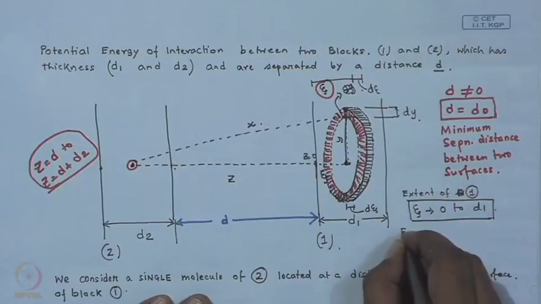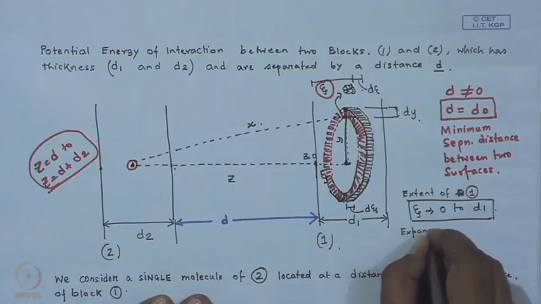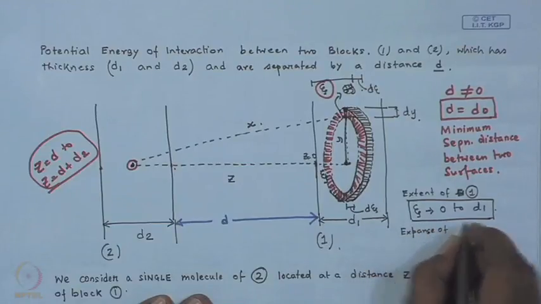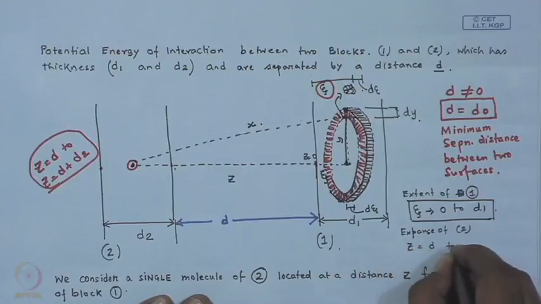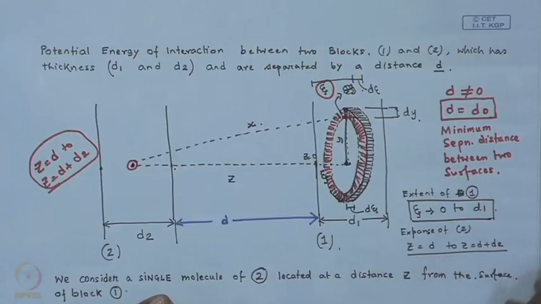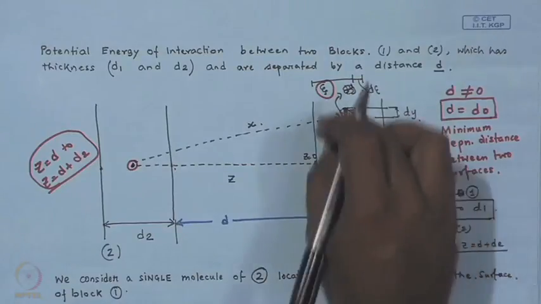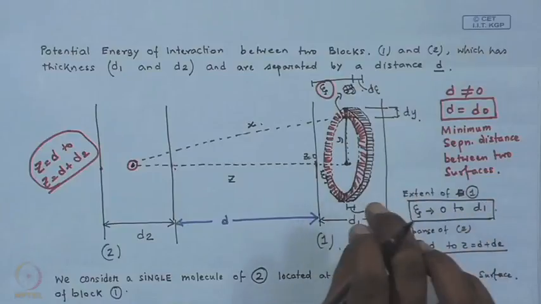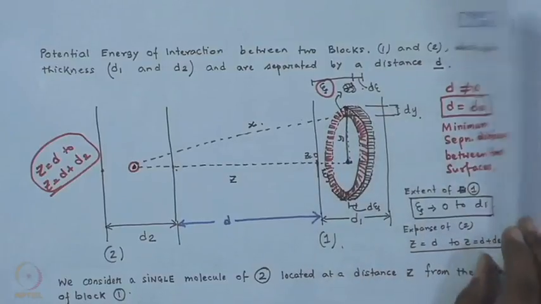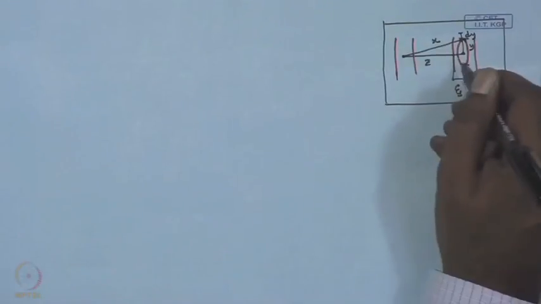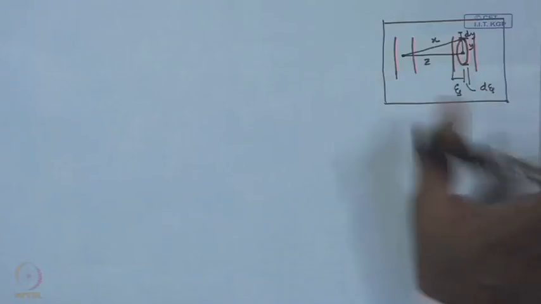The expanse of block 2 is z equal to d to z equal to d plus d2. Okay. And we have considered an annular ring, width is del z, height is del zeta, the inner perimeter is at a distance y, outer perimeter is at a distance y plus delta y, and here is a shortened or a miniaturized version of the picture.